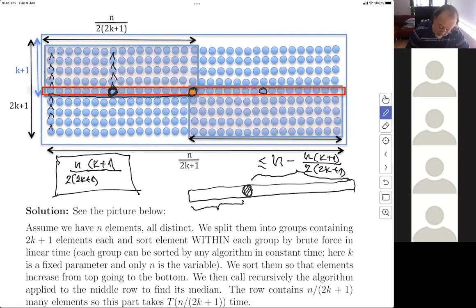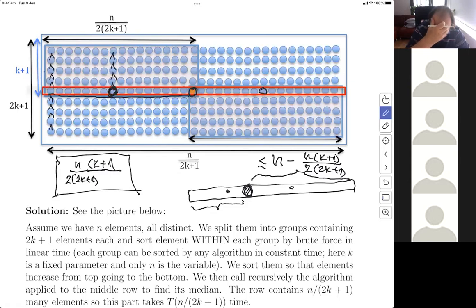And so you now recursively, after you split the array, see whether the ith element that you are looking for is on the left or on the right.